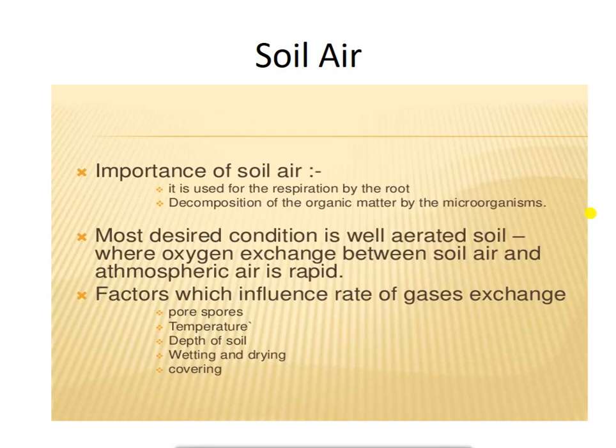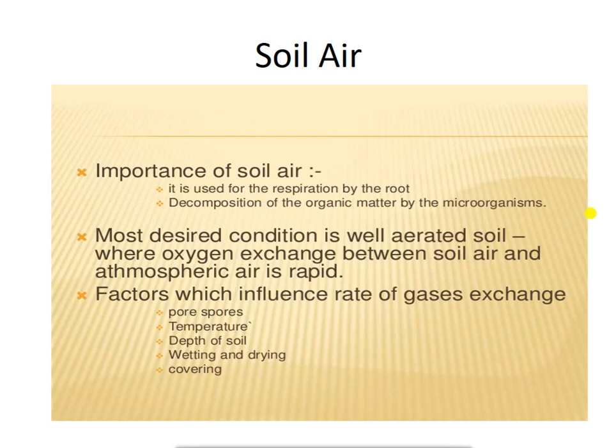Soil air is the fourth major component of soil, which comprises 25% in volume. It means the air which is present in soil pores is called soil air, and the movement of air from soil to the atmosphere is called soil aeration.